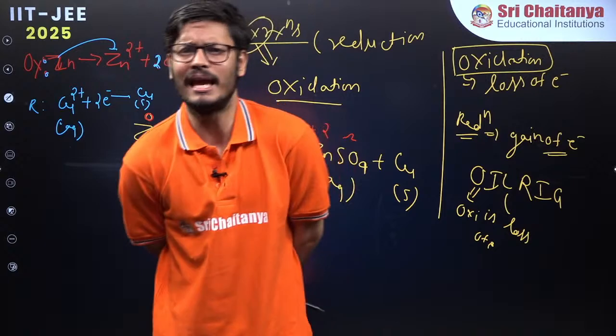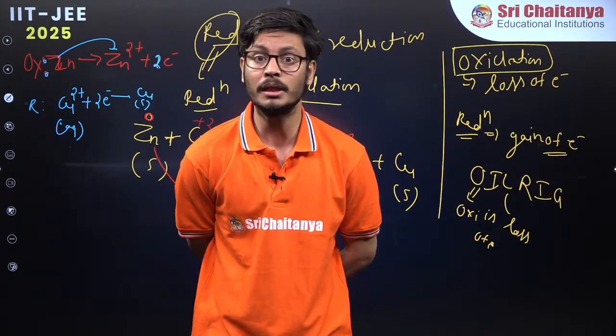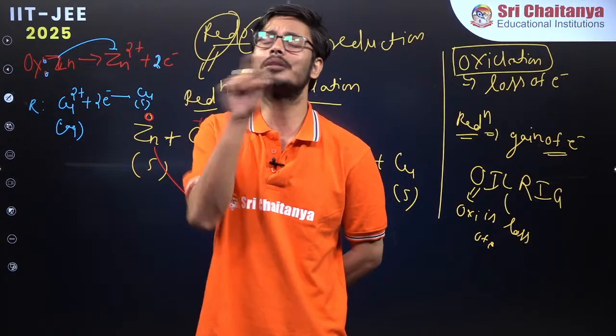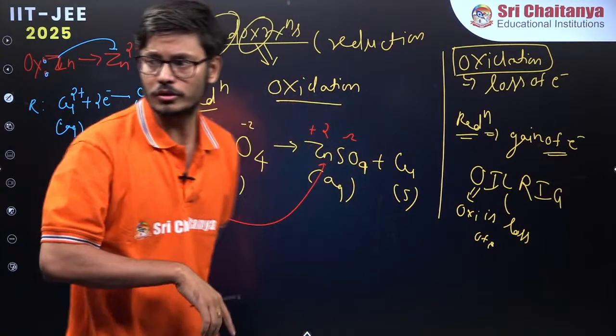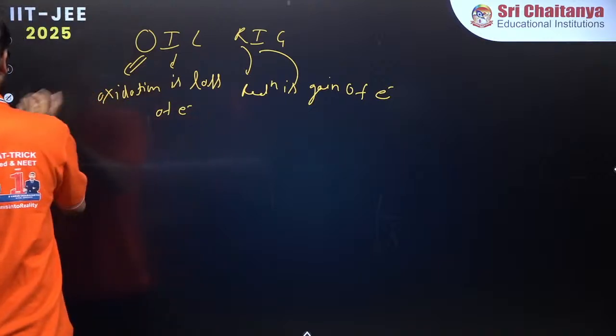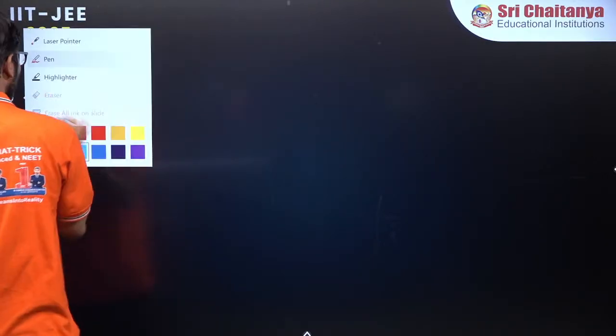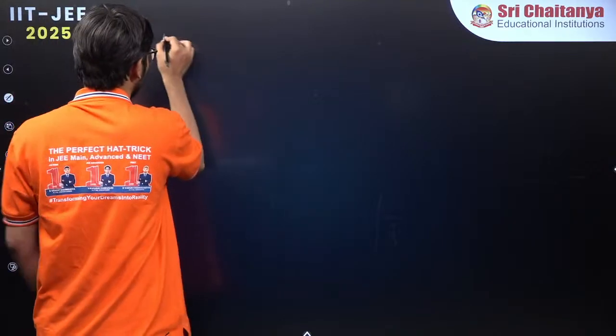But you all are saying, sir, oxidation means oxygen. That is how that term has come. Let us come to that also. If I take another example, you all remember this shortcut OIL RIG, I am removing this for now. Let me take one more example.